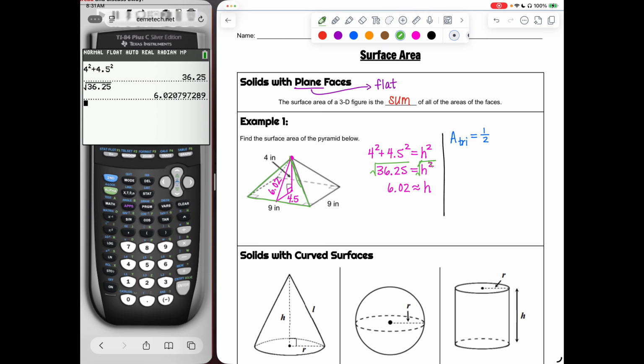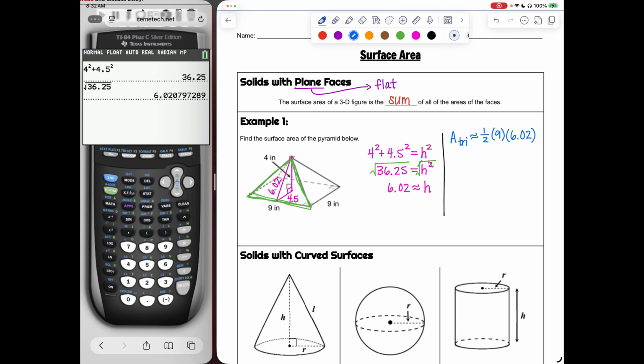That green part. If I do 1/2 base times height, that is going to be 1/2 times 9, because that's the base length of the triangle, times the height of the triangle, which is 6.02. And once again, I'm going to use the approximation symbol because I know that that 6.02 is not exact.